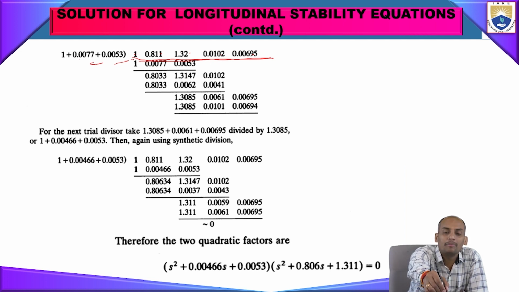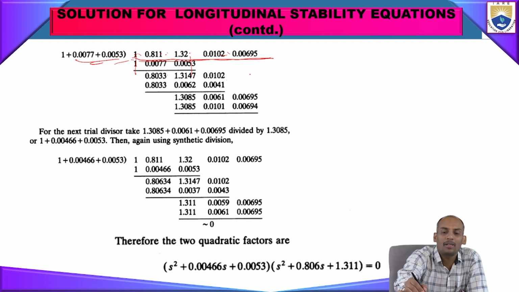Dividing, the first gets 0, and 0.88811 minus 0.007 will be 0.8033. Then 1.3147, and here there are no values, so as it is, it will come here.